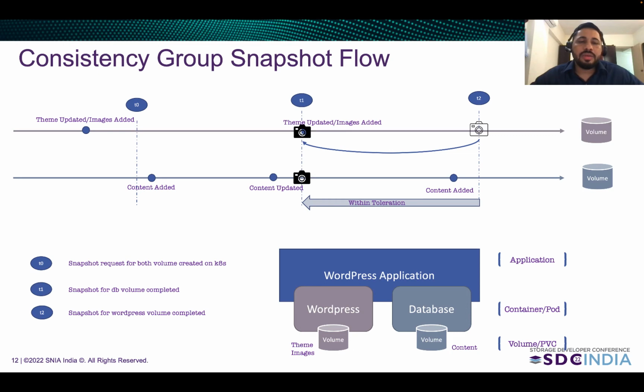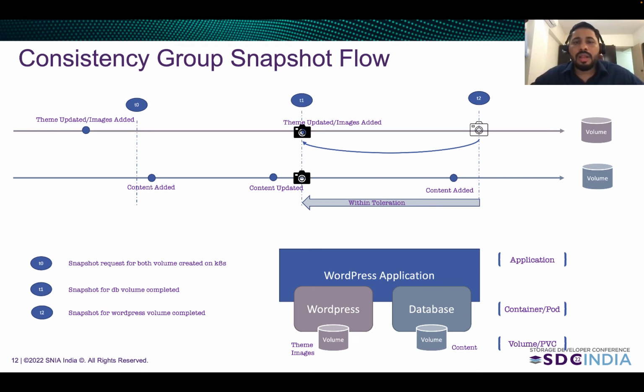At T0, similar to the regular flow, the admin initiates the snapshot for both of these volumes. At T1 the snapshot of the database volume is completed in the regular flow; here also it gets completed. But here, instead of the database volume, the snapshot of the consistency group is taken.